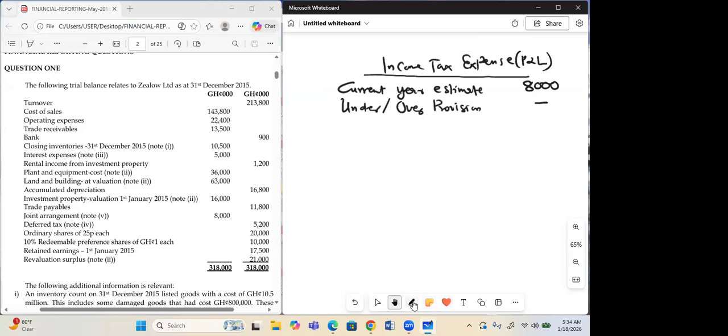So if there is no under or over provision, then now the deferred tax movement you calculated.